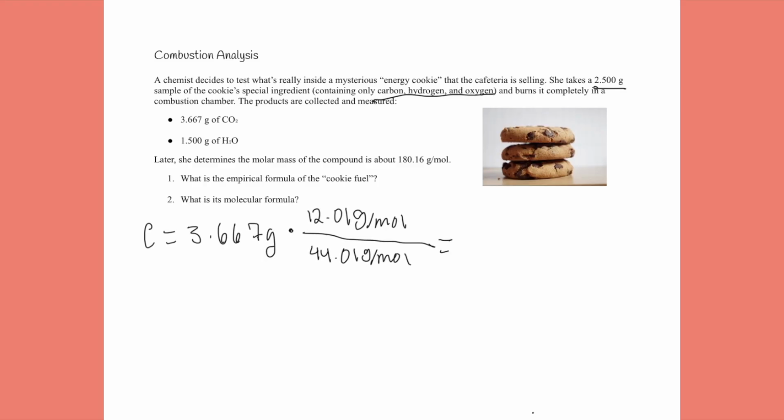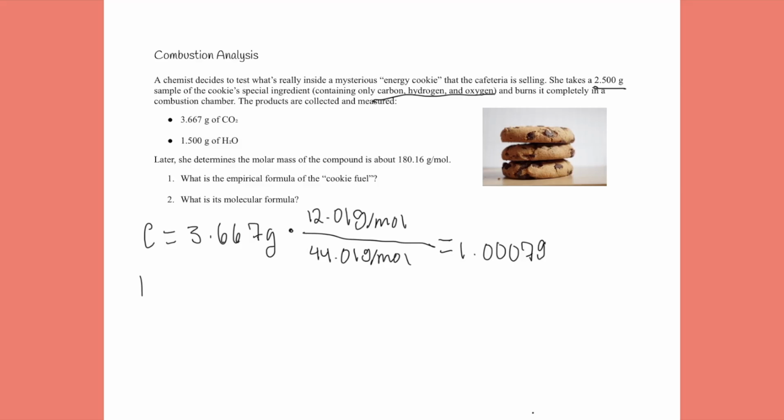And when we do that, we get 1.0007 grams. And we don't have to worry about sig figs right now because the more digits we have, the more accurate our number will be. So it's okay if the sig figs aren't totally correct.